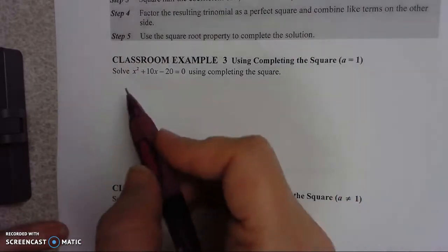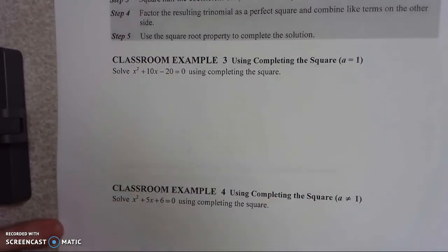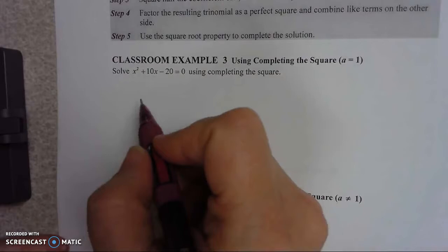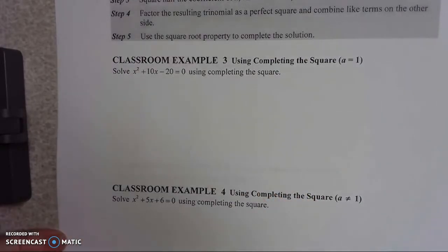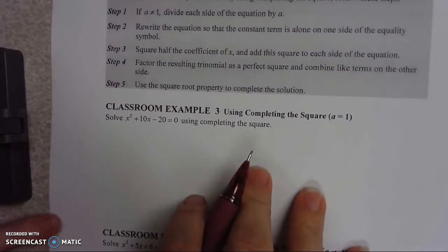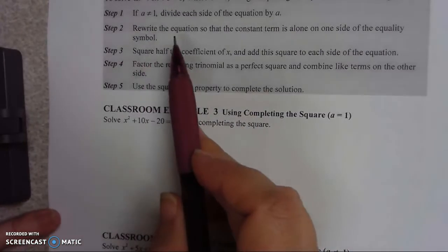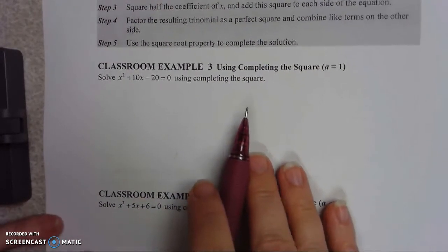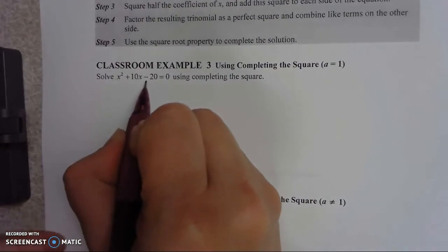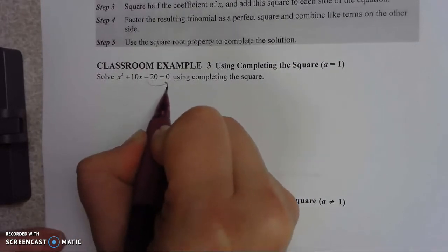Alright. The first example, x squared plus 10x minus 20 equals 0. So the first thing I look at is a. A is 1, so there's nothing I need to divide, so I can go ahead and move to step 2, which says rewrite the equation so the constant term is alone on one side. So what I'm going to do is take this 20, and I'm going to move it over here where the 0 is.